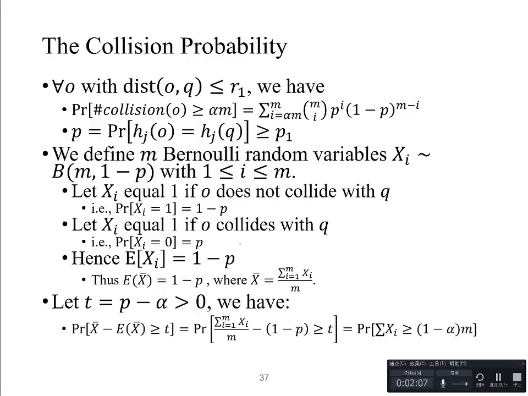Now we consider any point O with a distance to Q that is smaller than or equal to R1. The probability that the number of collisions of O with Q's hash values is larger than or equal to alpha m equals the cumulative sum over m minus alpha m cases.